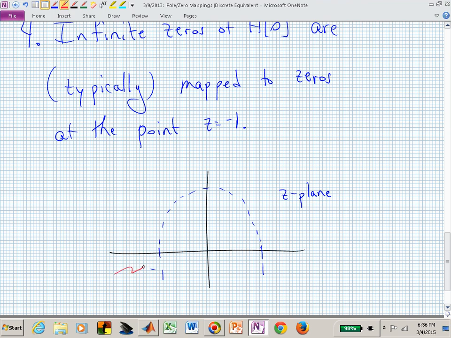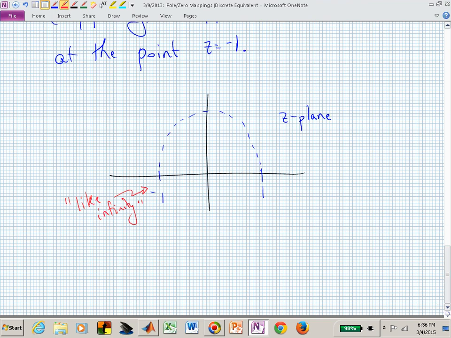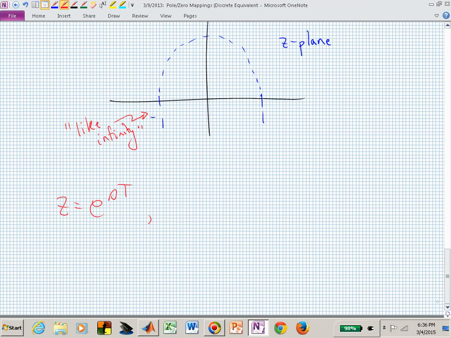And with that replacement, this point in the z-plane is like infinity. Meaning, if we have z equal to e to the sT, and somebody says, I want the frequency response in the z-plane, well, we know what the frequency response in the s-plane is. That's when we look at the imaginary axis in the s-plane. We replace s with j omega.